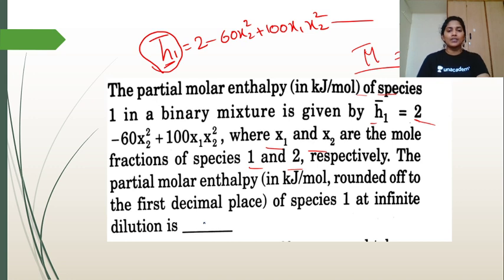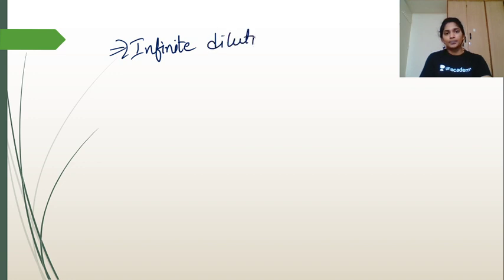What do you mean by infinite dilution of species 1? Infinite dilution means diluting a particular component to a very high extent.